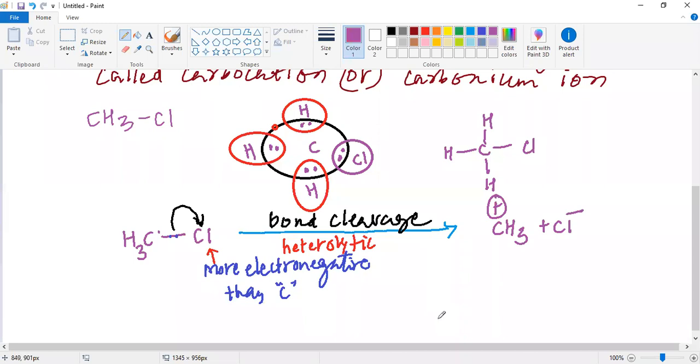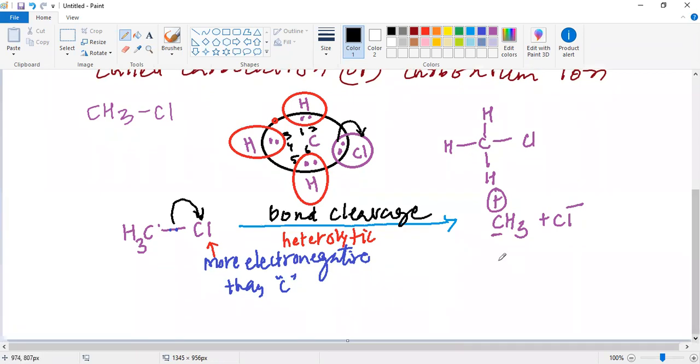Now please remember, my dear students, that as both the electrons have gone to chlorine, you can see that carbon has 1, 2, 3, 4, 5 and 6 electrons left with it.